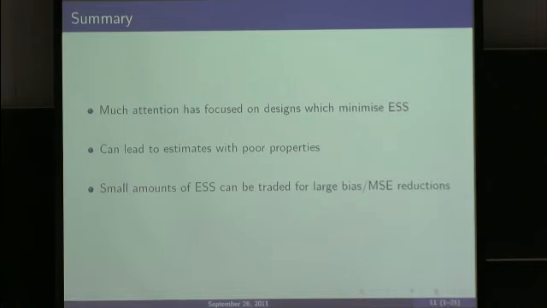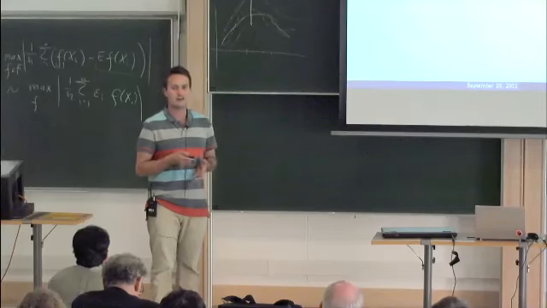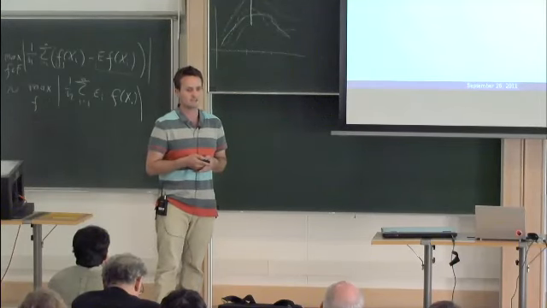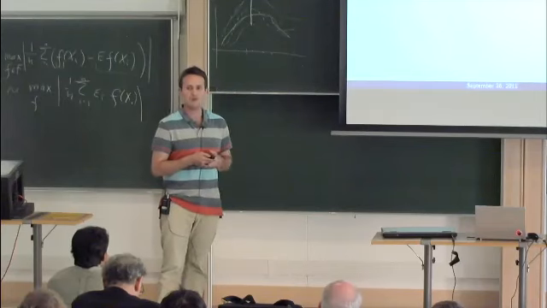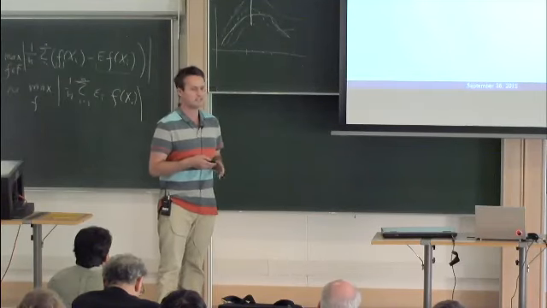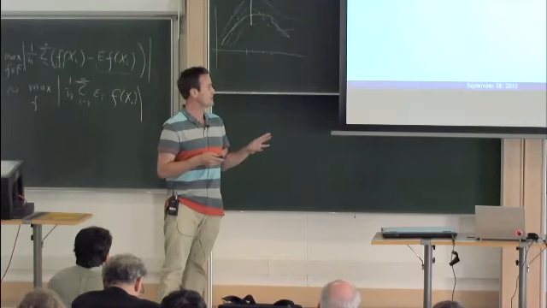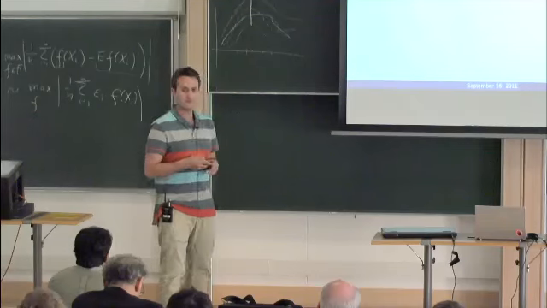But efficient designs can lead to estimates with poor properties, and you can trade off small amounts of expected sample size for large bias and mean squared error reductions. So potentially you might want to consider near optimal designs which trade off some of those things.